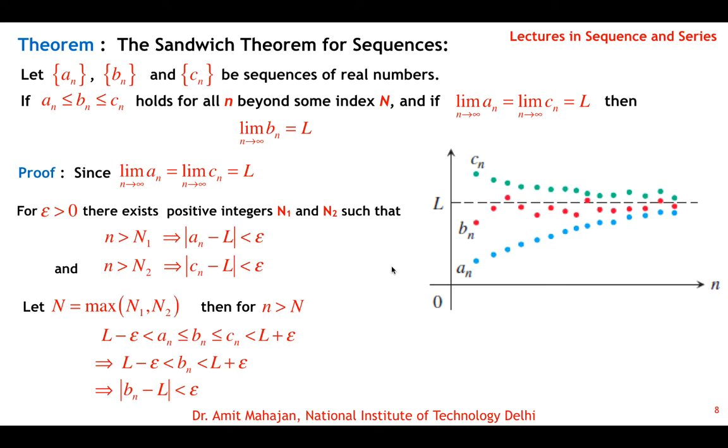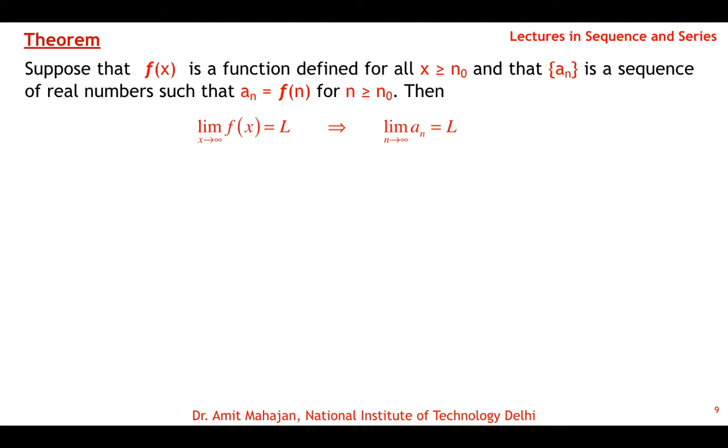So this was one important result. There's one more important result. There is a theorem which says that suppose f(x) is a function defined for all x greater than or equal to n naught, and that a_n is a sequence of real numbers such that a_n equals f(n) for n greater than or equal to n naught.